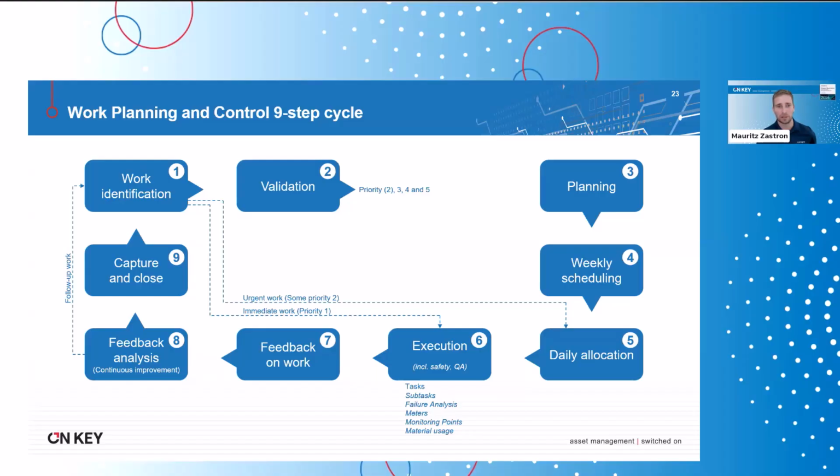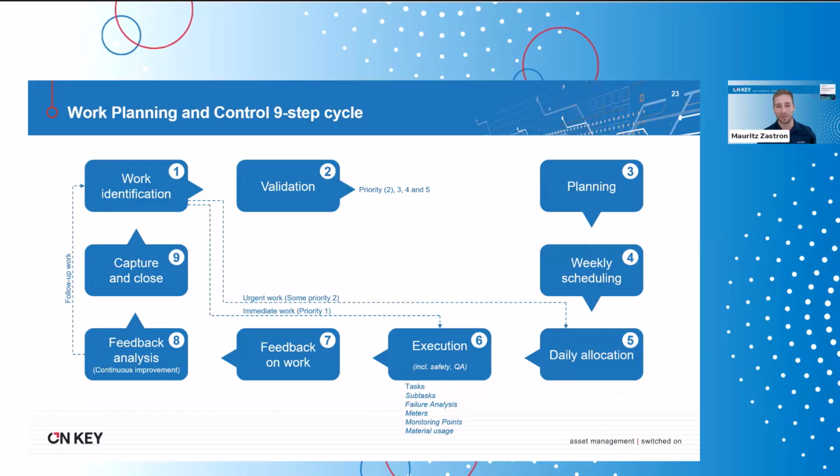Then we go to planning, which includes identifying and procuring any materials and resources that might be needed. Work is then pulled from the backlog and scheduled into a week and number 4 there. Then daily allocation looks at the available resources in the team and assigns the work to the right people.